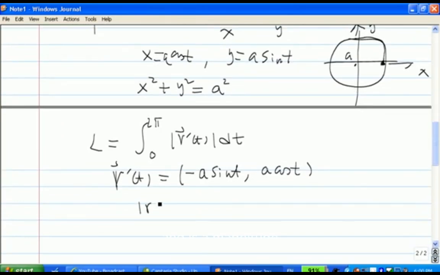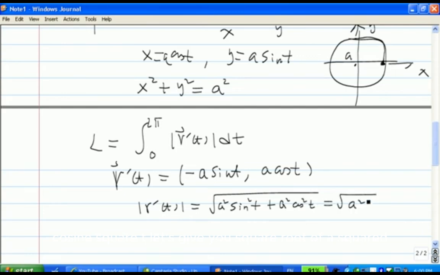And its magnitude is the square root of negative a sine t whole thing squared, which gives you a squared sine squared t plus a squared cosine squared t. That gives you the square root of a squared, because sine squared t plus cosine squared t gives you 1. So that gives you a.